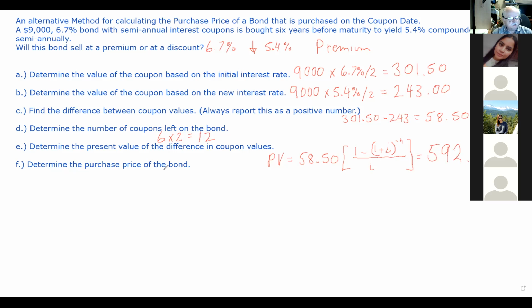So determine the purchase price of the bond. What we have to do now on the formula sheet is add this present value to the redemption price, the face value of the bond. So we're going to go 9,000 plus 592.88 and see what we get.